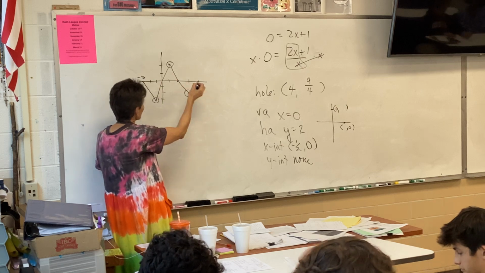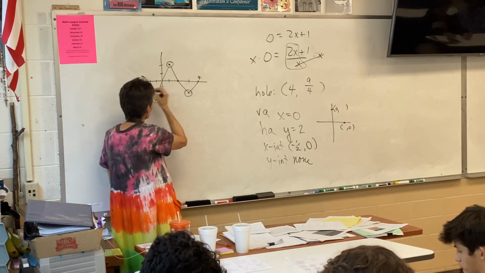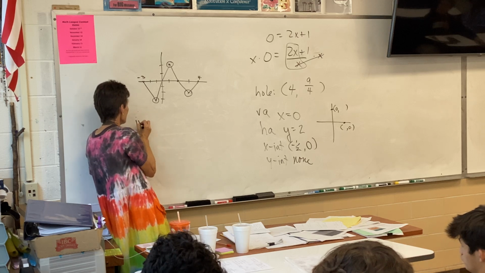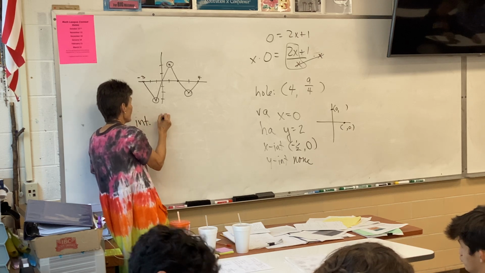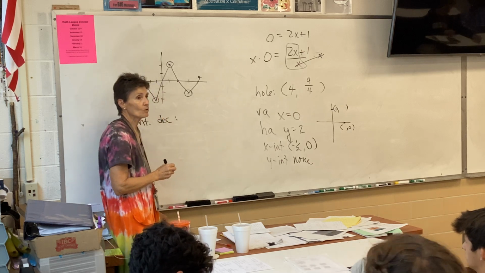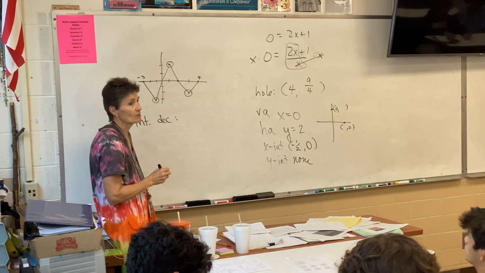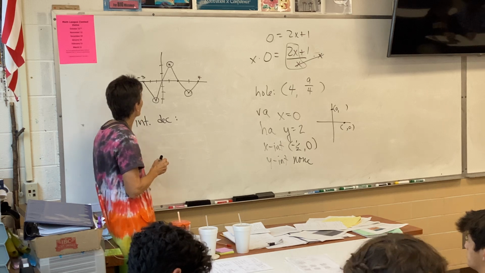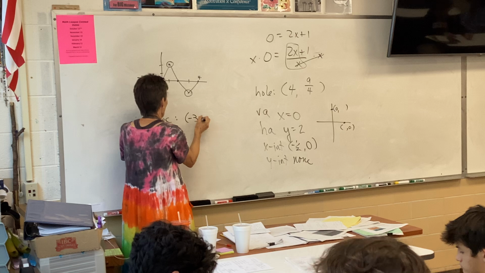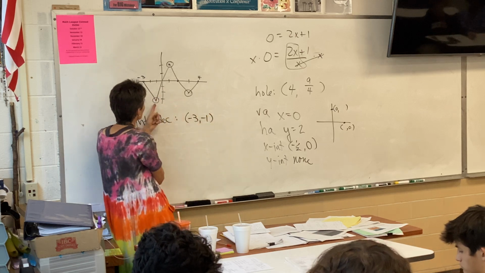Now, while we're on this, this is from -3 to 4, on that interval right there. I want you to tell me the intervals where we are decreasing. Jake? -3 to -1, very good.